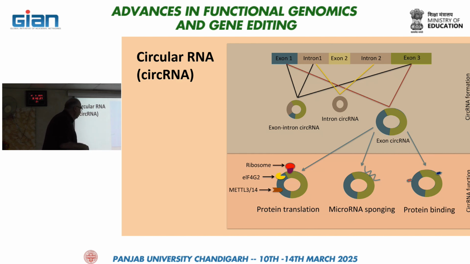It means that if you express this circular non-coding RNA in the cell, you will not observe the action of certain microRNAs because the sponge will make a complementary sequence. I mean, by complementarity, it will do base pairing and then remove microRNAs.